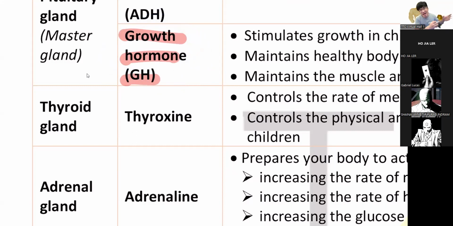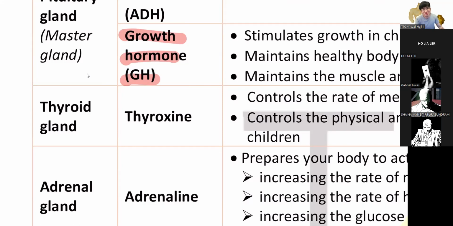If your dad and your mom are short, that means they don't have the gene to produce a lot of growth hormone. And most likely they will pass that gene to you. So you don't produce that much growth hormone as well, so you're short. On the other hand, if your dad is super tall, your mom is another super tall one, everyone in your family is tall, well, congratulations, you struck the genetic lottery.